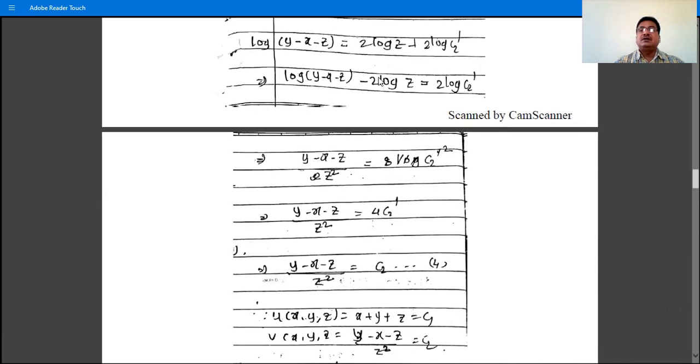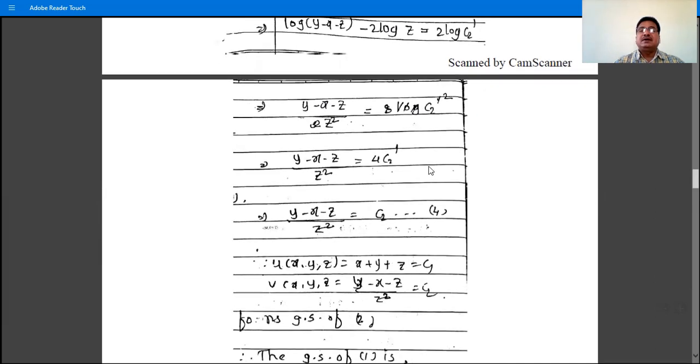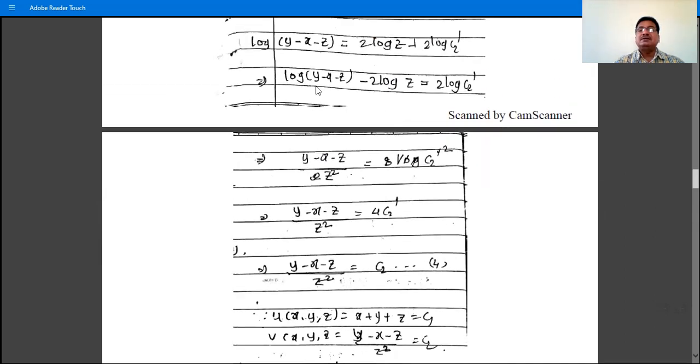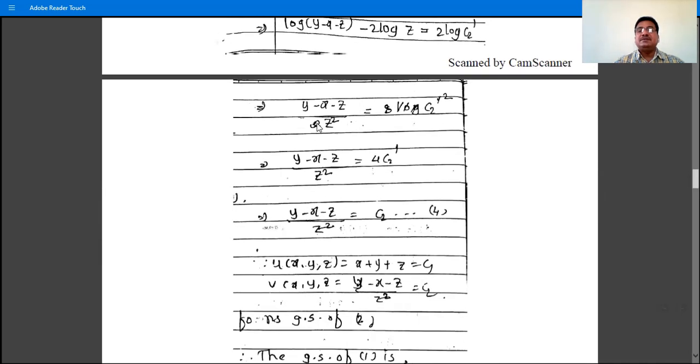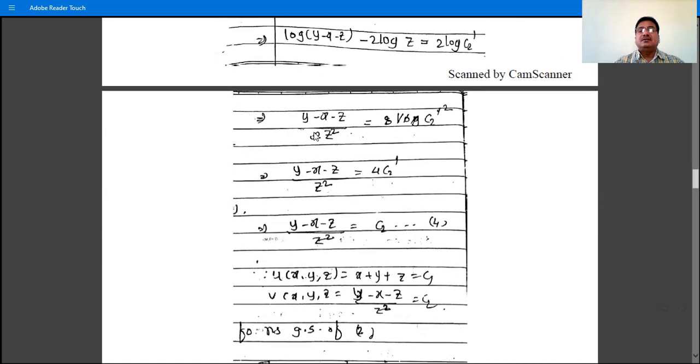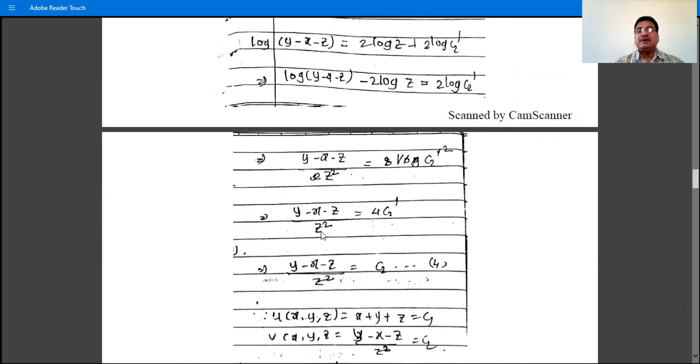And 2 log z means log z square. And then by the log a minus log b rule, log a by b, (y minus x minus z) divided by z square is equal to log c2 dash square. And then cancel the log on both sides. We have c2 dash square to the right side. Then shift this: y minus x minus z divided by z square is equal to c2.